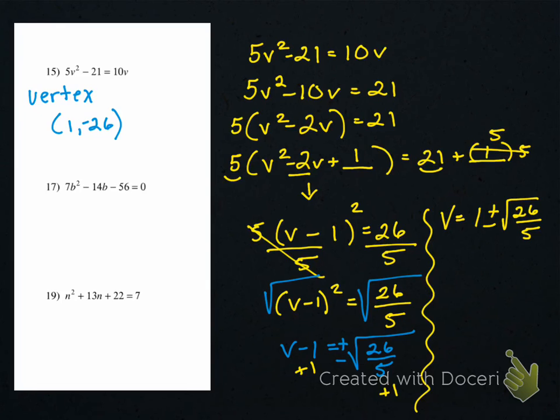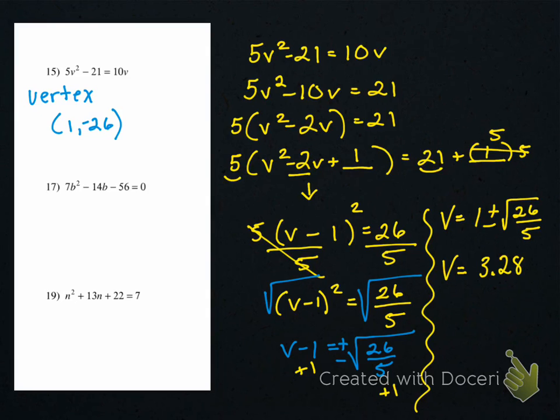That's 5.2. So if I was to write 1 plus the square root of 5.2, I would get 3.28, blah, blah, blah. So I'm just going to round it. V equals, let's do 3.28. I like that, 3.28.